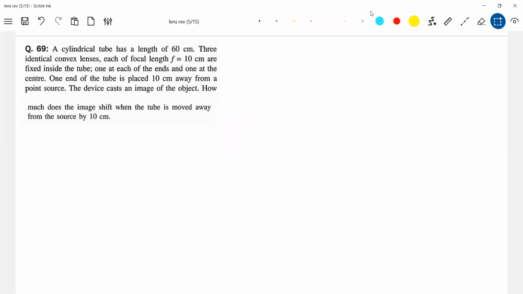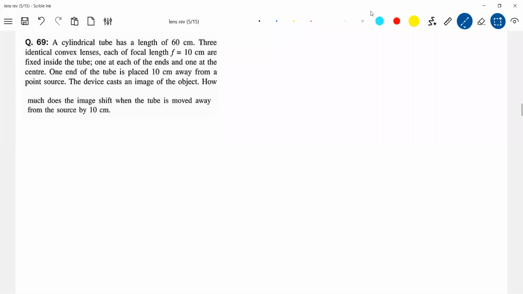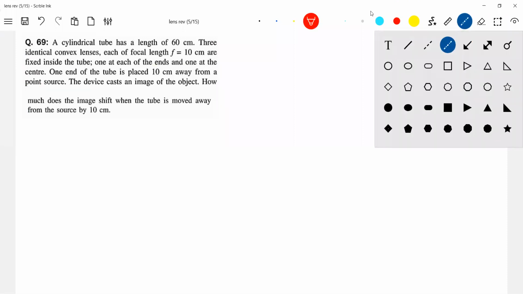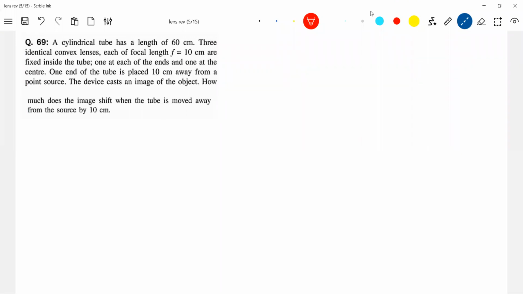A cylindrical tube has a length... one lens is placed here. So there's a lens A.